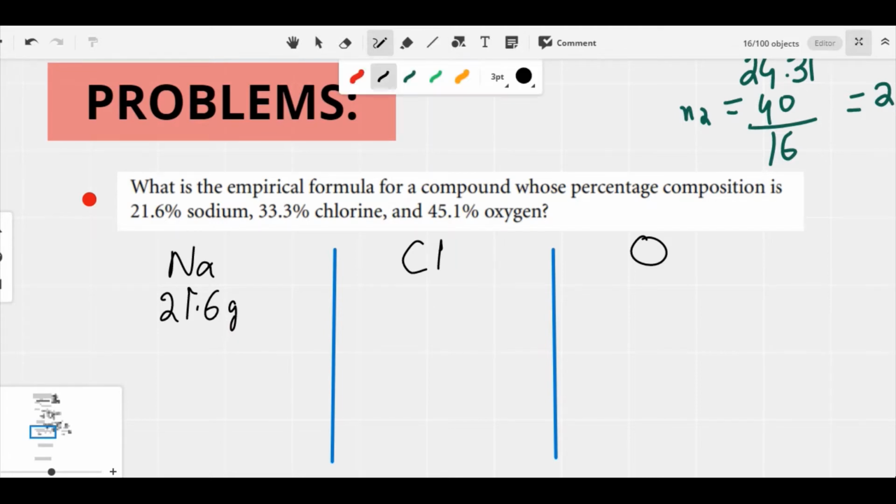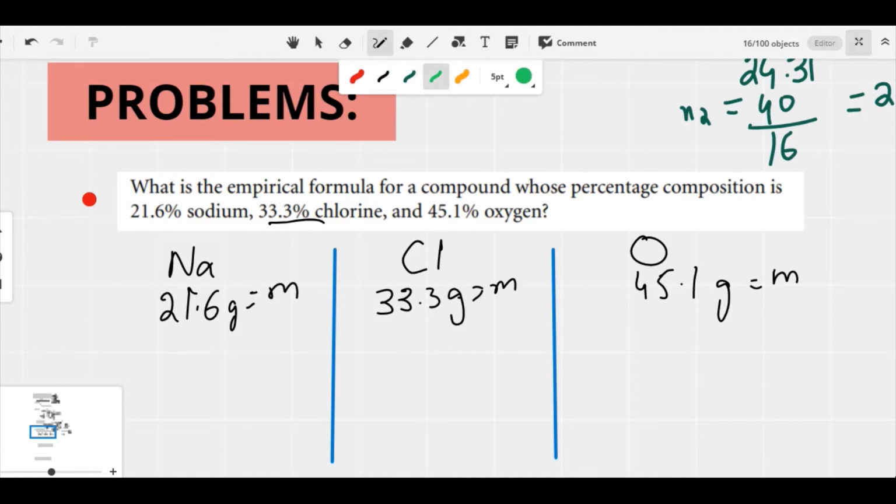Next, chlorine is 33.3%, so it would be 33.3 grams. And oxygen is 45.1%, so 45.1 grams. That is the mass.